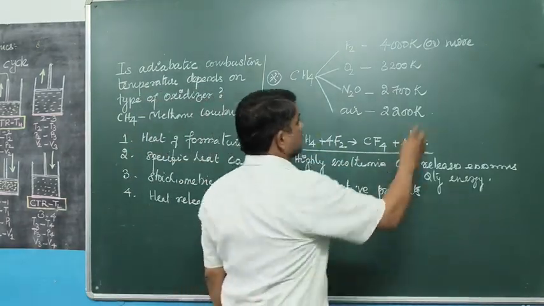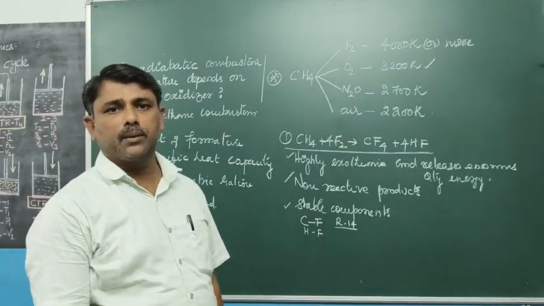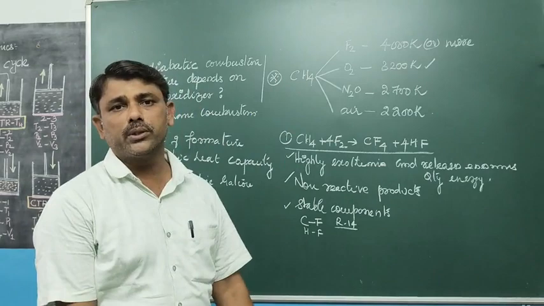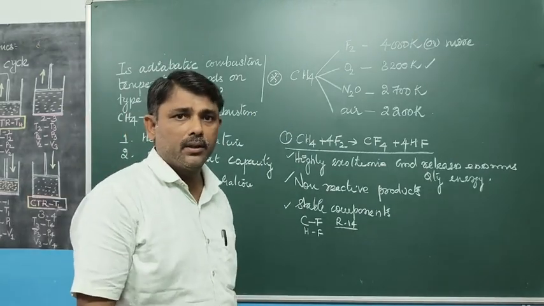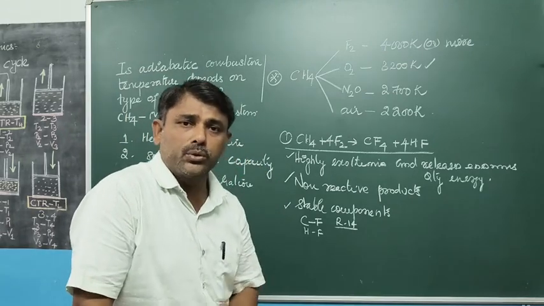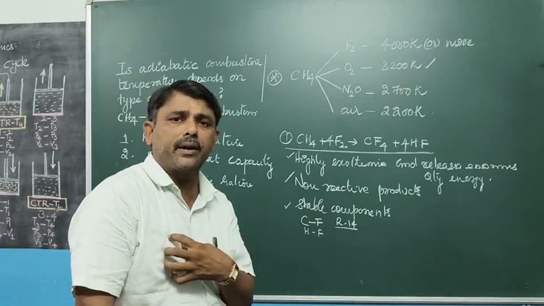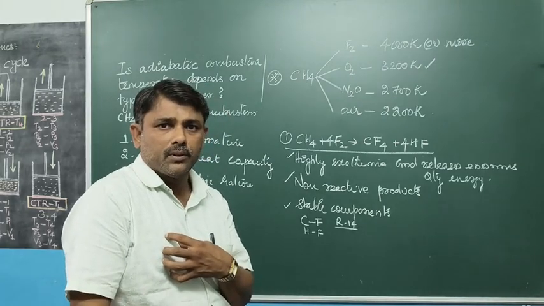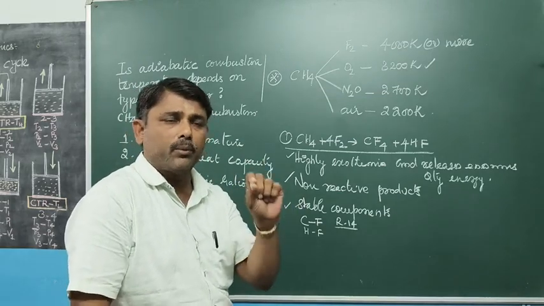What next? Oxygen. While you use oxygen as an oxidizer for combustion of methane, it produces near about 3200 degree Kelvin. The problem is that molecular oxygen is advised for use only for medical, that means respiratory, purposes. Moreover, you should use the exact stoichiometric amount of oxygen.